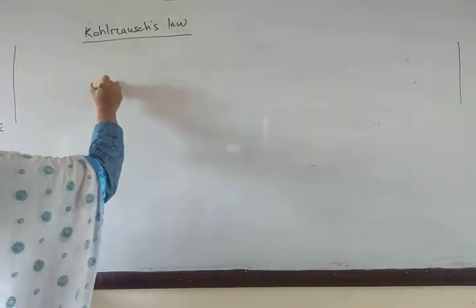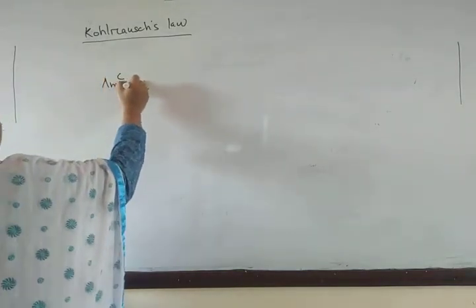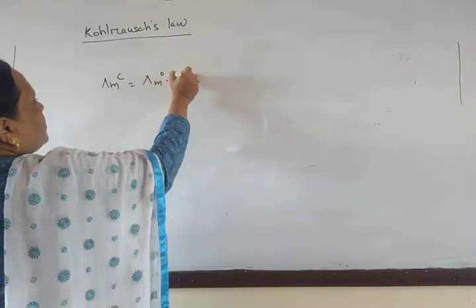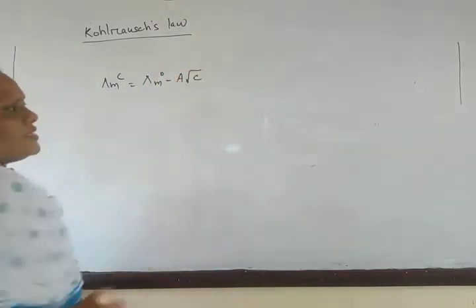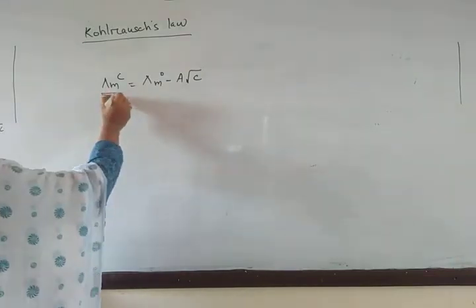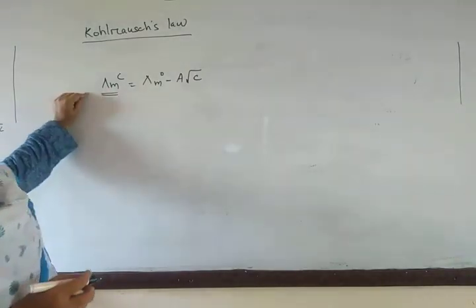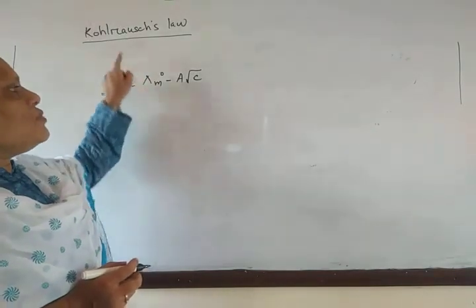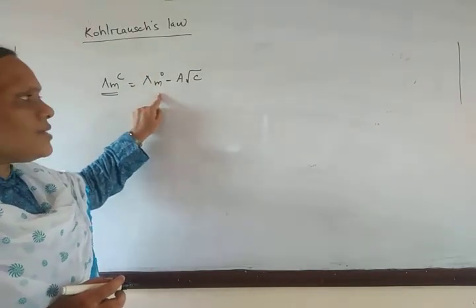That is the equation lambda m c equals lambda m naught minus A root over c. What is this lambda m c? This is the molar conductance at any concentration, and lambda m naught is the molar conductance at infinite dilution.